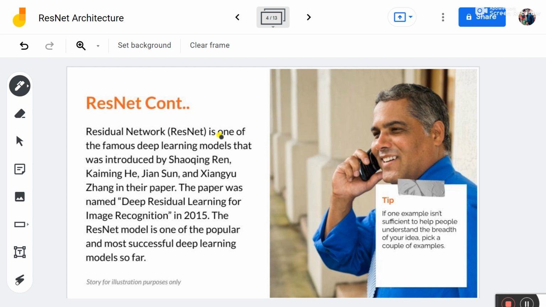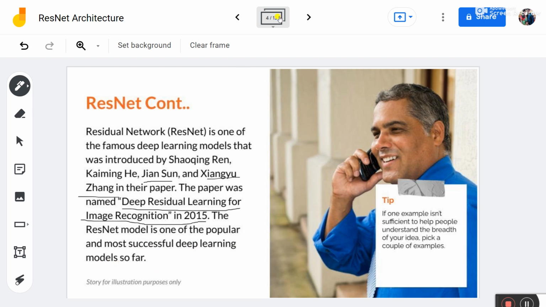It was introduced by Shaoqing Ren, Kaiming He, Xiangyu Zhang and Jian Sun in their paper, named Deep Residual Learning for Image Recognition, in 2015. The ResNet model is one of the most popular and successful deep learning models so far.